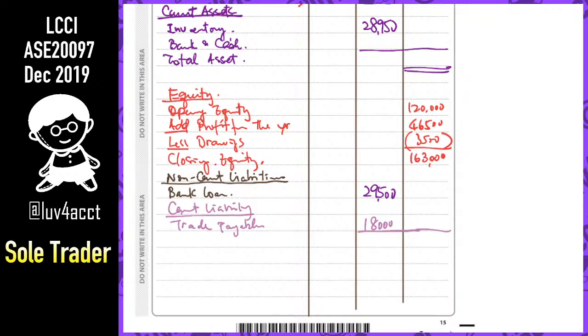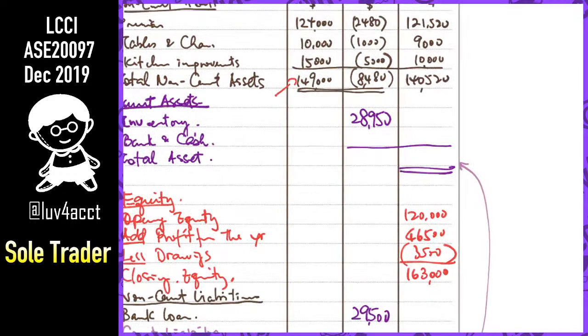After this I would have the total equity and liabilities: 18,000 plus 47,500 plus 163,000.